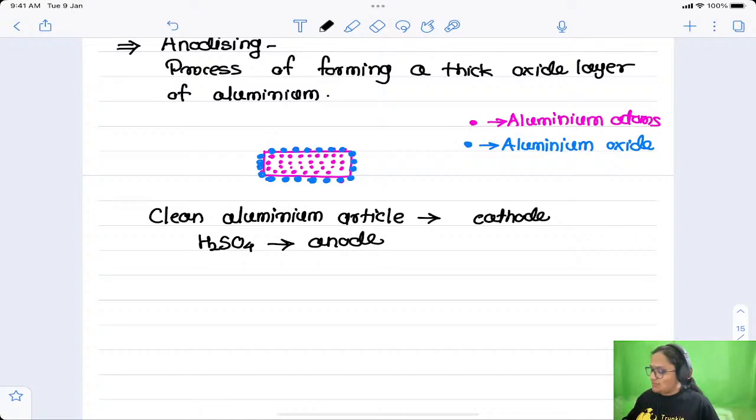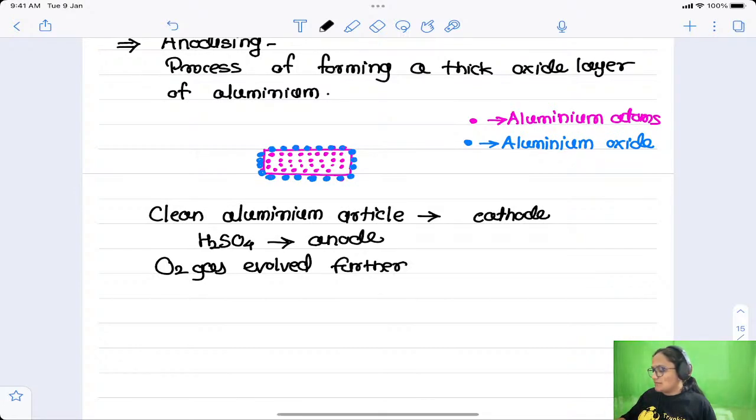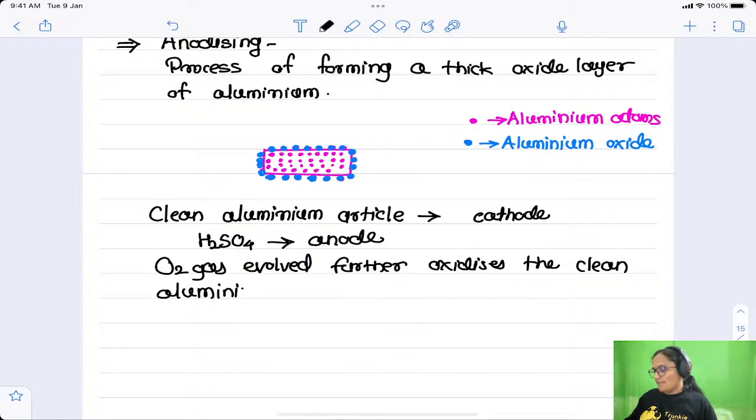At the anode oxidation takes place, therefore O2 gas is evolved, which further oxidizes the clean aluminum article and avoids further corrosion.